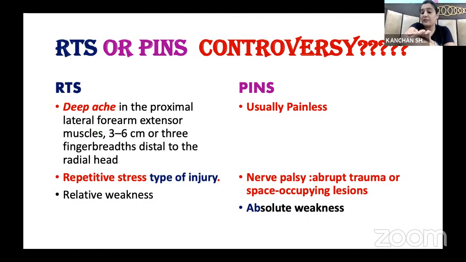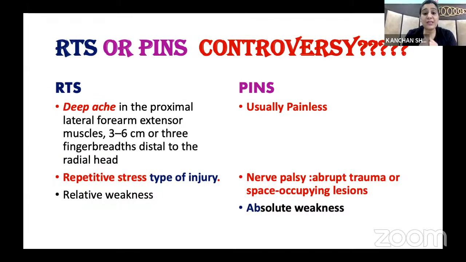So approximately 3 to 4 centimeters distal to the lateral epicondyle, the patient is going to complain of pain. Here if you try to test extension of the wrist, yes, the extension might be weak, but it could be because of pain there. So it is not an absolute weakness, it is a relative weakness.